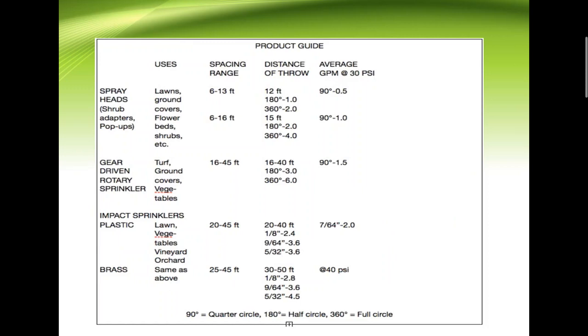This is the product guide. We have spray heads, shrub adapters, pop-ups, gear-driven rotary sprinklers, impact sprinklers, plastic and brass, with their uses, spacing range, distance of throw, and average GPM at 30 psi.